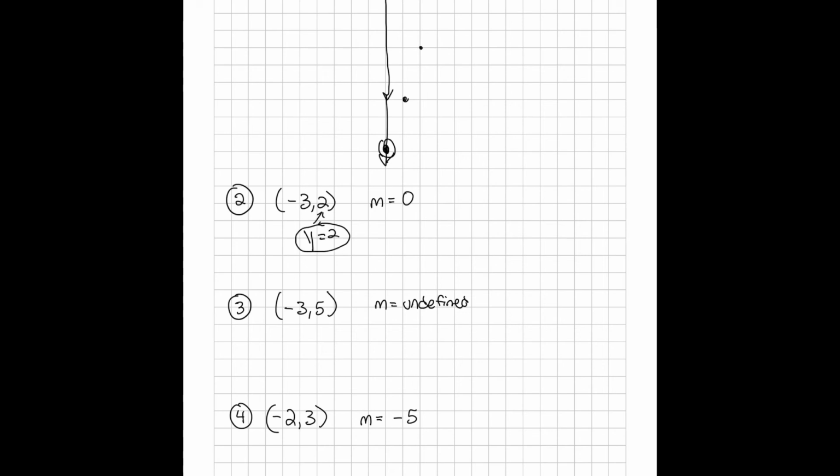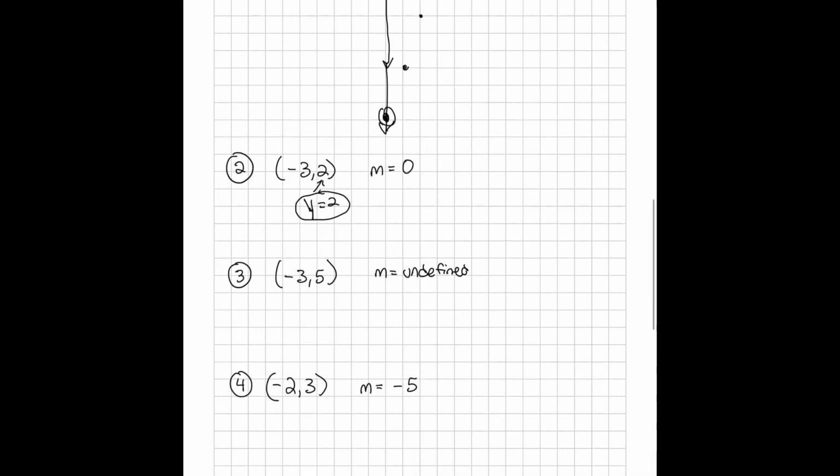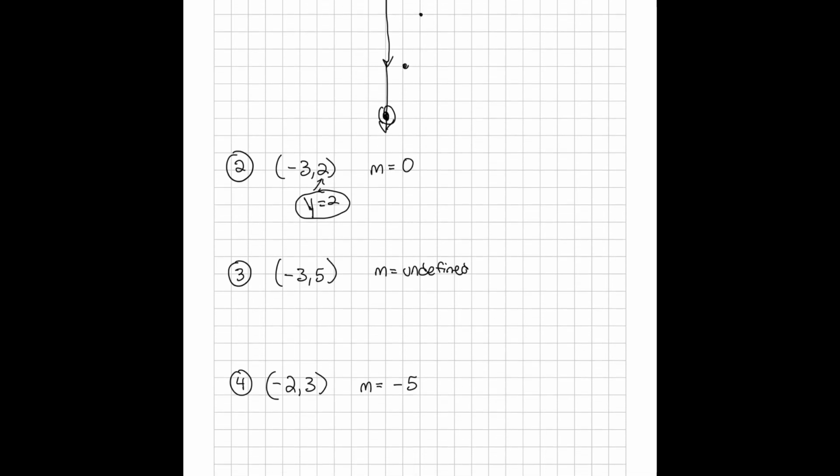And so that's your equation for that line, y equals 2. It has a slope of 0, it's horizontal, it's going through the y-axis at 2. If it's undefined, that's a vertical line going through the x-axis. And so this will be x equals whatever your x is, -3. Okay, no work to do on those.